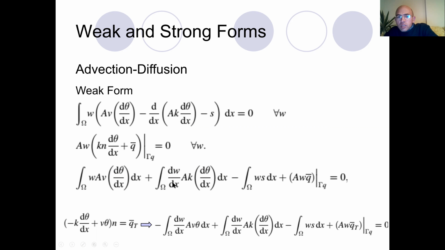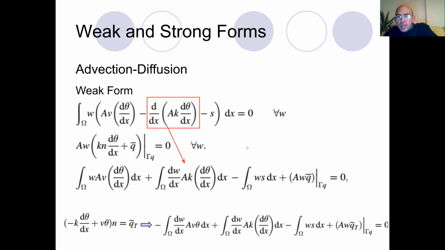I apply integration by parts to the second term after multiplying it with the weight. Then I obtain dW/dx A multiplied by k d theta/dx, minus W S. Remember that S is the source term, the integration of W multiplied by S over the domain.